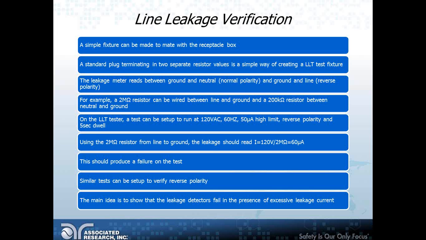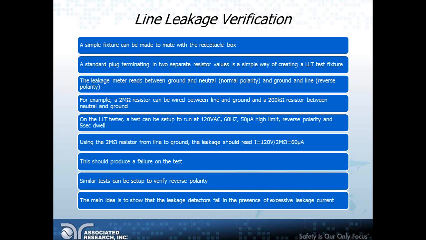So we have a 2 meg between line and ground and a 200 meg between neutral and ground. The first leakage test is set to run in our example at 120 volts AC, 60 hertz, with 50 microamps as the high limit, and we're going to set reverse polarity with a 5-second dwell time.